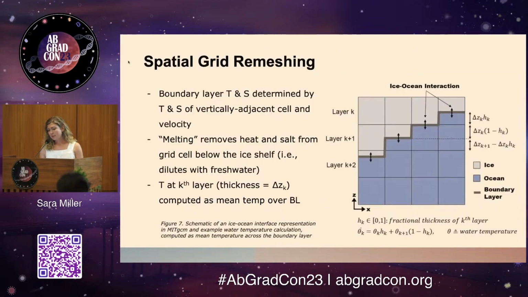So I'm accommodating that in the model by modifying the MITgcm to have spatial grid remeshing. I'm slicing up the grid cells so that I can have melting and freezing happening within a single model run, within the boundary layer, which is not the standard configuration. This has been very helpful in understanding turbulence and quicker timescale melting and freezing physics.